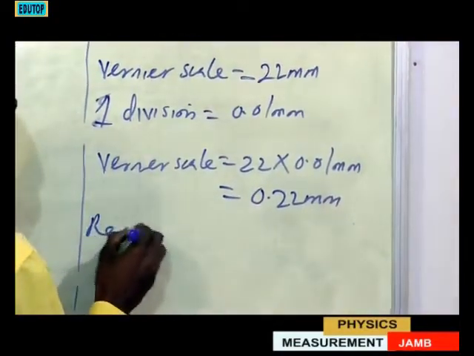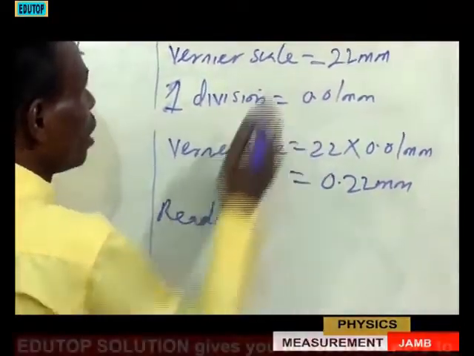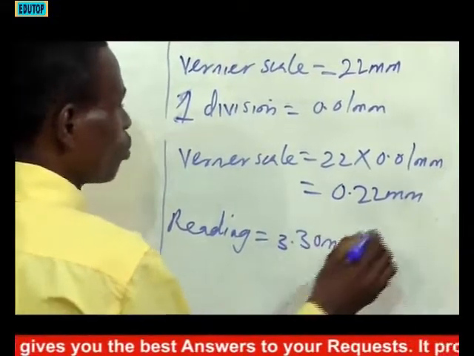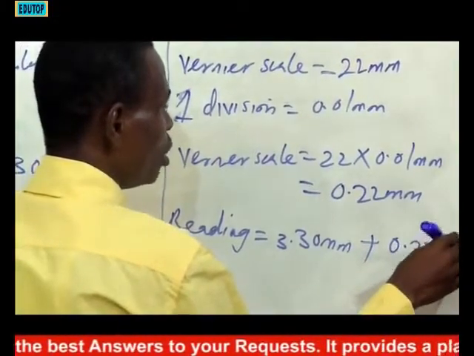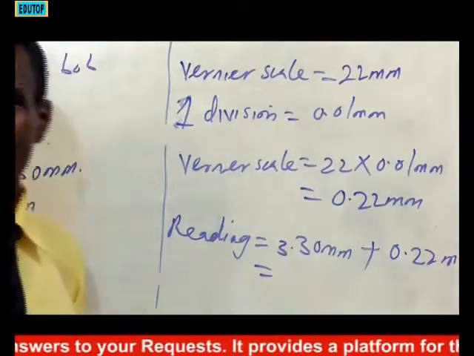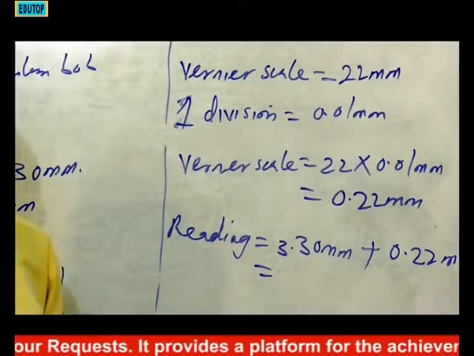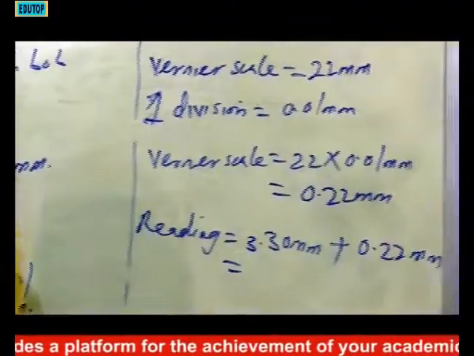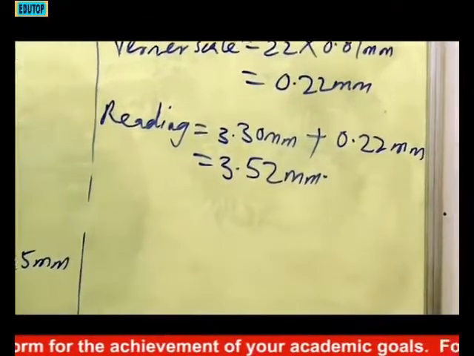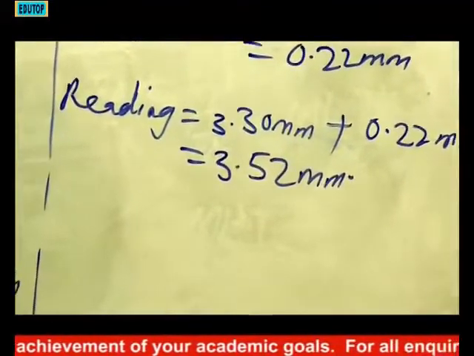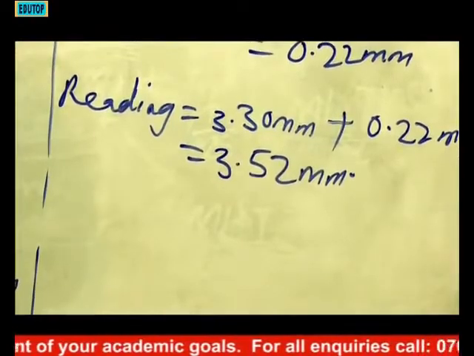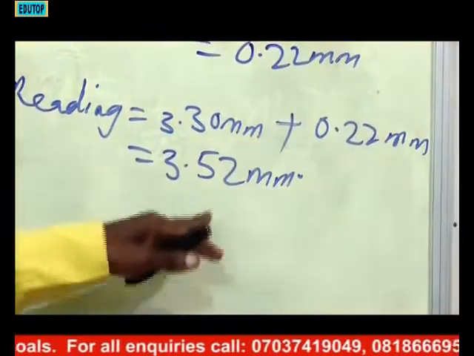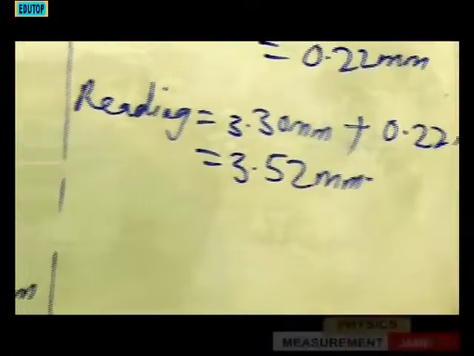So the reading on the instrument will be 3.30 millimeter plus 0.22 millimeter, and we are going to have a total of 3.52 millimeter. 3.30 plus 0.22 will give you 3.52. That is the reading for figure 2.